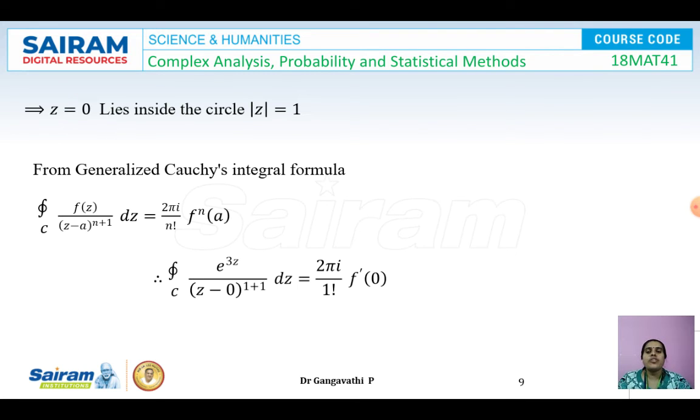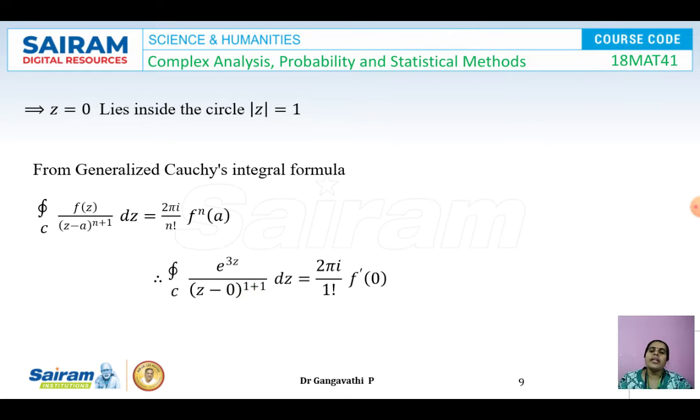Since the power is 2, more than 1, we have to apply the generalized Cauchy's integral formula, which is given by integral over c of f of z by z minus a to the power of n plus 1 dz is equal to 2 pi I by n factorial into f to the power of n of a, that is the nth derivative of f at a. So integral over c e to the power of 3z, f of z is that, and z minus 0 we have written.